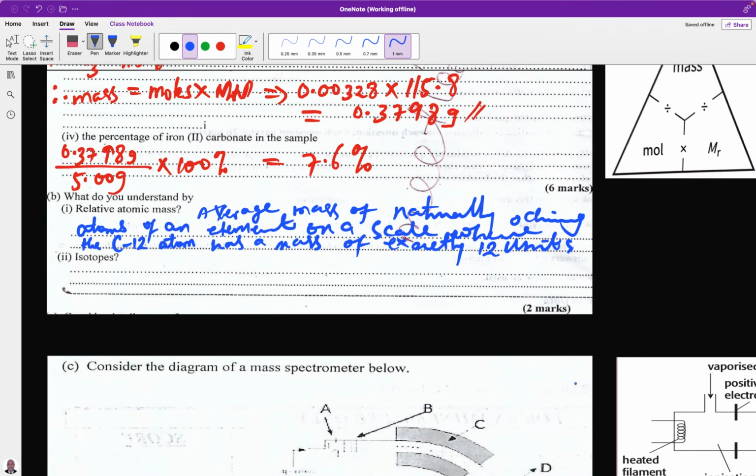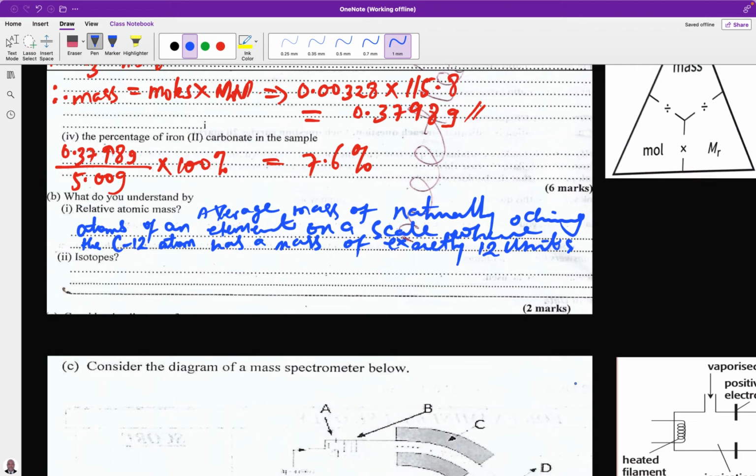Then what are isotopes? Isotopes, we say these are atoms of the same element with the same proton number, but different nucleon number. Another word for nucleon number is mass number.